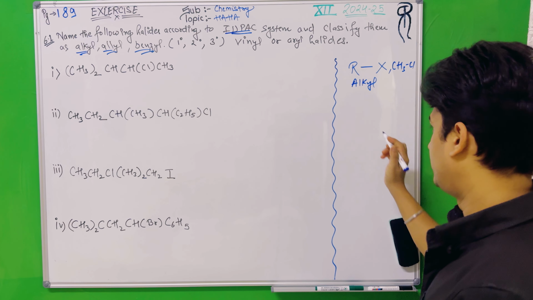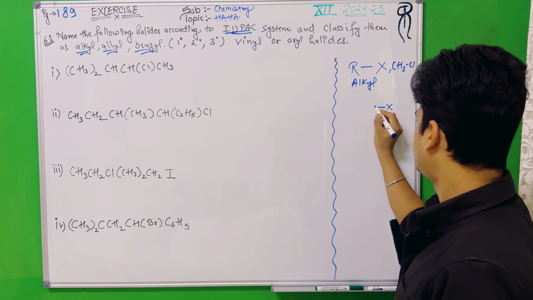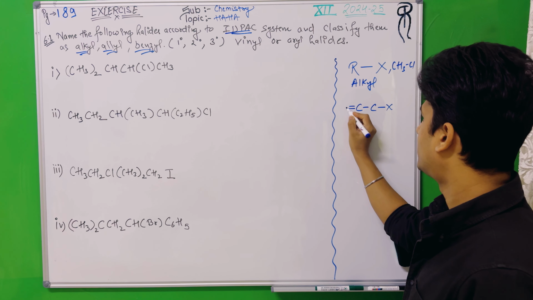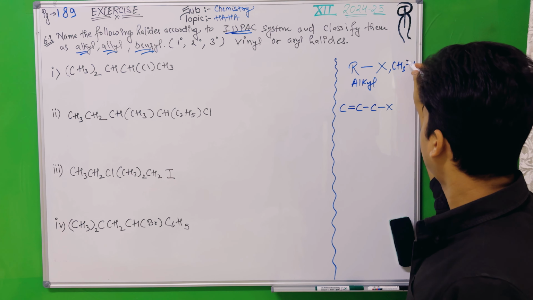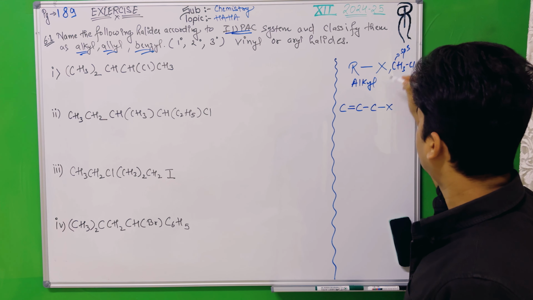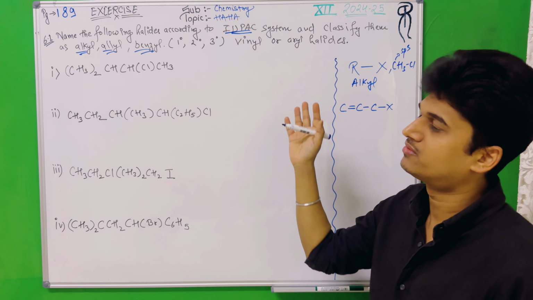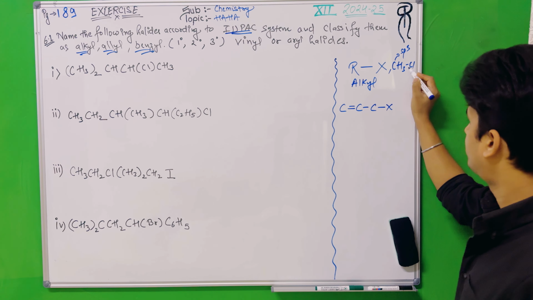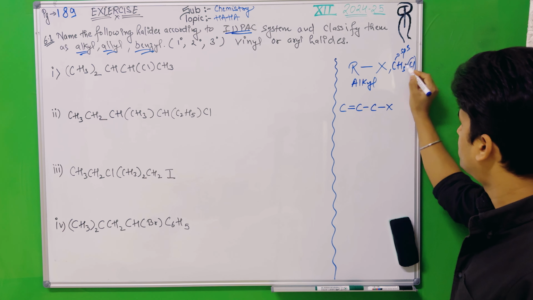Next, what is allyl? If a halogen is present on a carbon and that carbon is attached to another carbon having a double bond in it. For example, here this carbon is sp3. Also remember, this classification is based on hybridization. So the carbon which is attached to the halogen should be sp3.